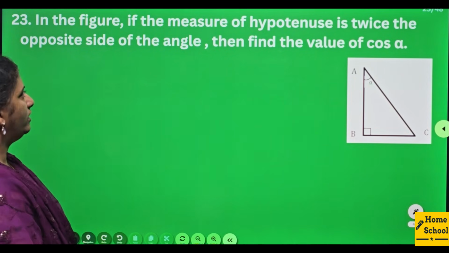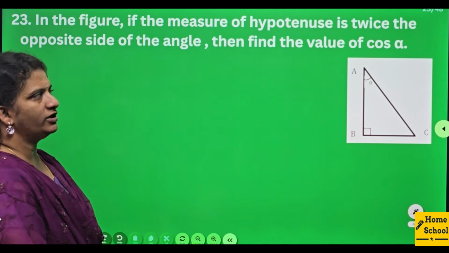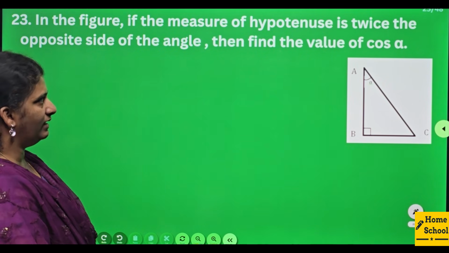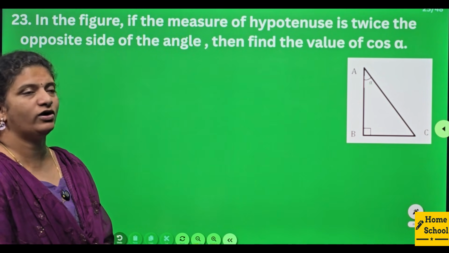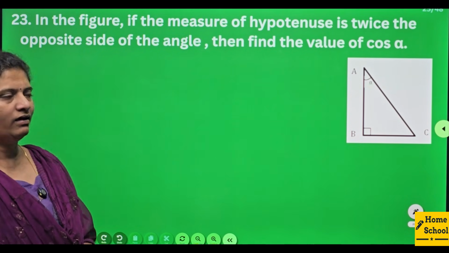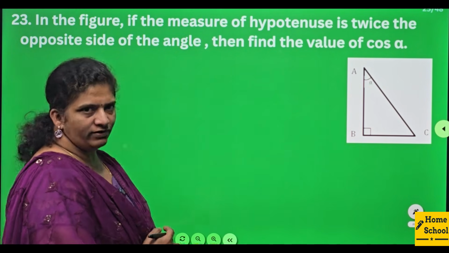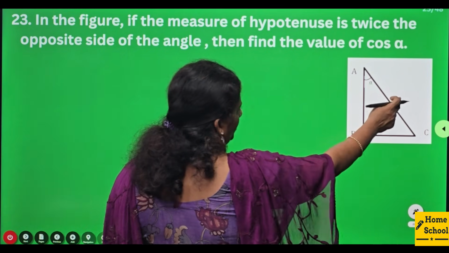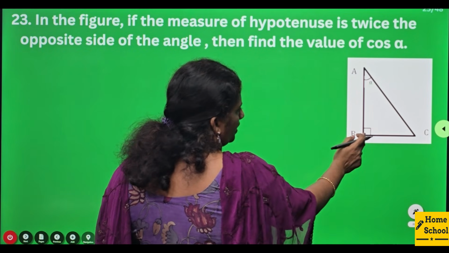23rd. In the figure, if the measure of the hypotenuse is twice the opposite side of the angle, then find the value of cos alpha. Observe the question carefully here. In the figure, the measure of the hypotenuse. This is the hypotenuse, the side opposite the right angle.